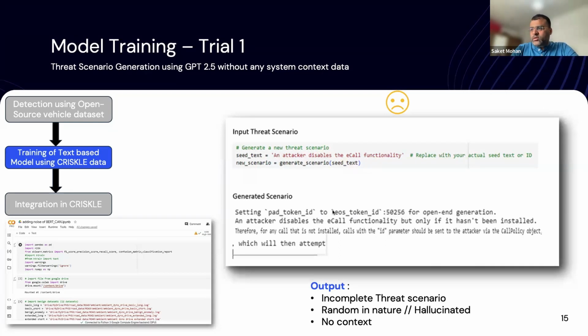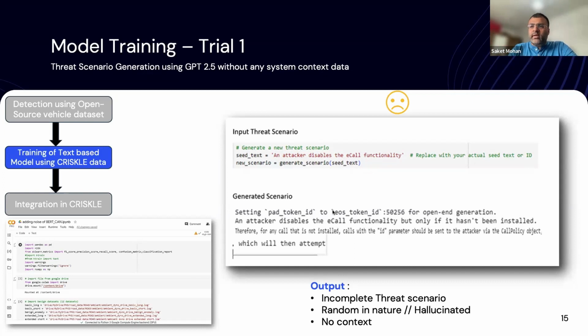A good example is, we fed in 'an attacker disables the eCall functionality,' and it generated some random text which had no meaning at all, based on the anomaly it detected from the CAN log sequence or from the DBC files that we fed in.